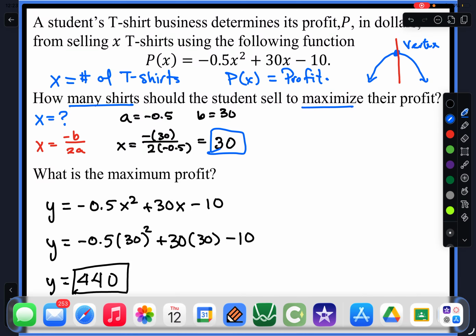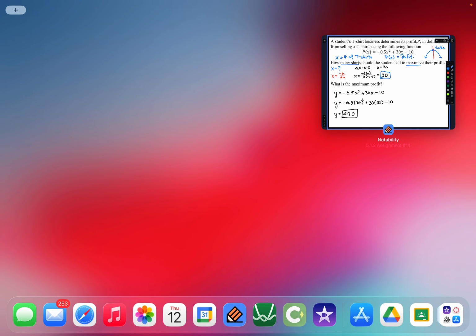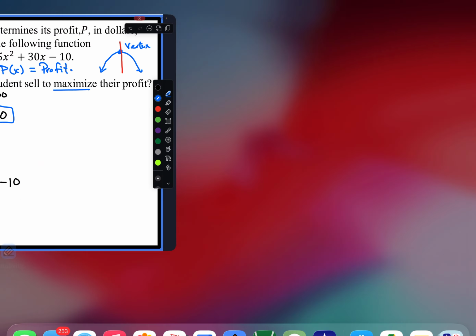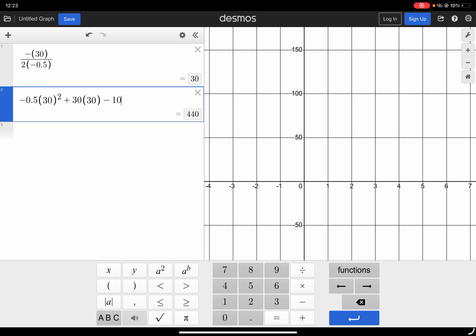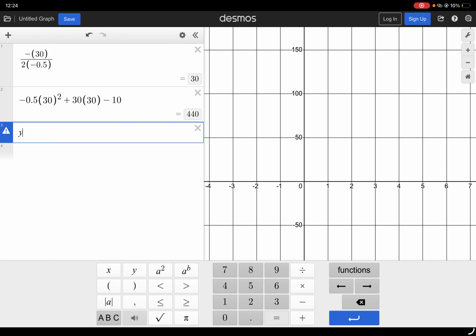Now, you could have done this and relied straight on the graph. So if you were going to just use decimals and jump straight into this and write the function, instead of p of x, you could have used y equals, or maybe even f of x.